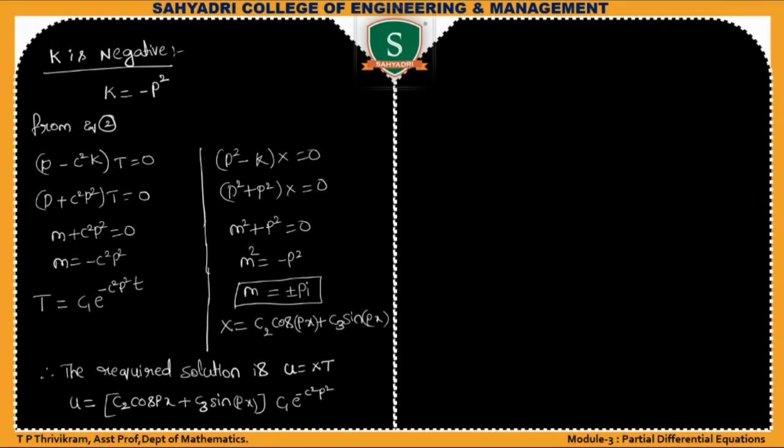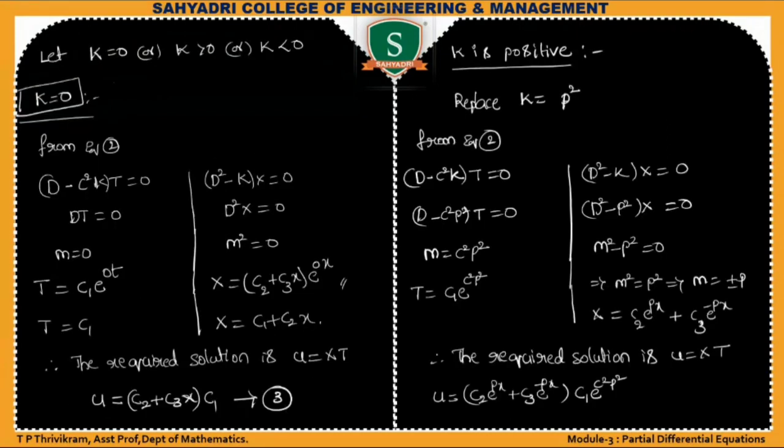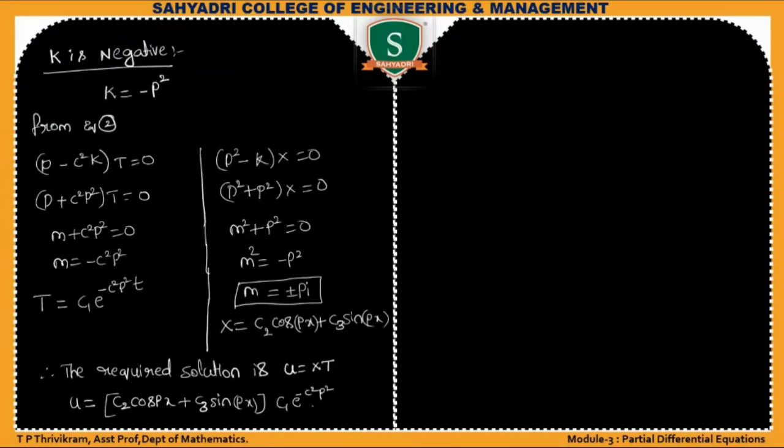So now based on the given condition, we will decide whether we have to use the trigonometric solution, the exponential solution, or the algebraic solution. Okay, so equation 3 is called the algebraic solution, this is the exponential solution, and this is the trigonometric solution.